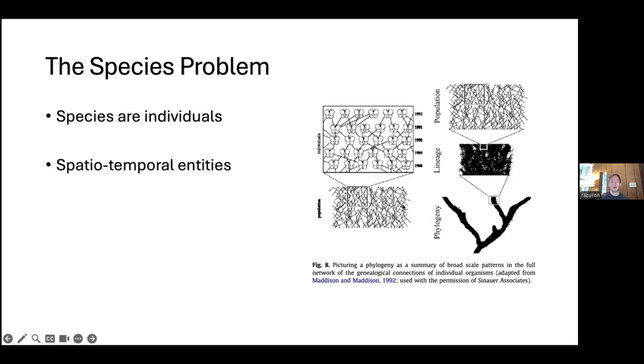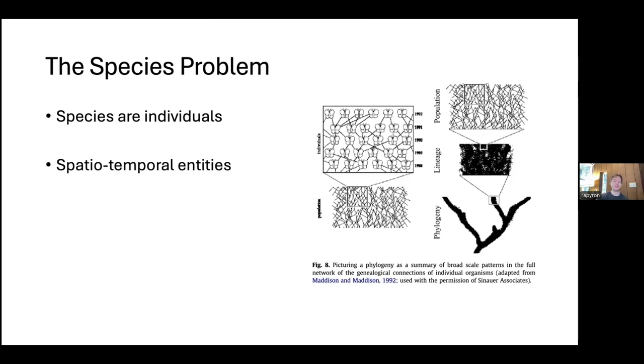So the rest of the boundaries can be fuzzy, but for any species that we describe or delimit, whether it's Homo sapiens or Tyrannosaurus rex, that is a very discrete and distinct thing that exists in a certain range of areas through a certain range of time periods. In the case of T. rex, it obviously went extinct 65 million years ago. And with humans, it remains to be seen what will happen.